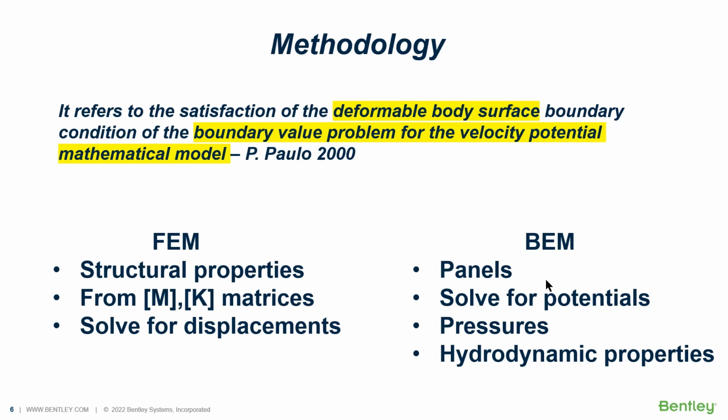For this, we model the floating structures with panels and solve the boundary value problems for potentials to get hydrodynamic pressures and some coefficients. As we talked, in the hydroelastic analysis, these two solvers should communicate with each other. Let me explain what each solver does.